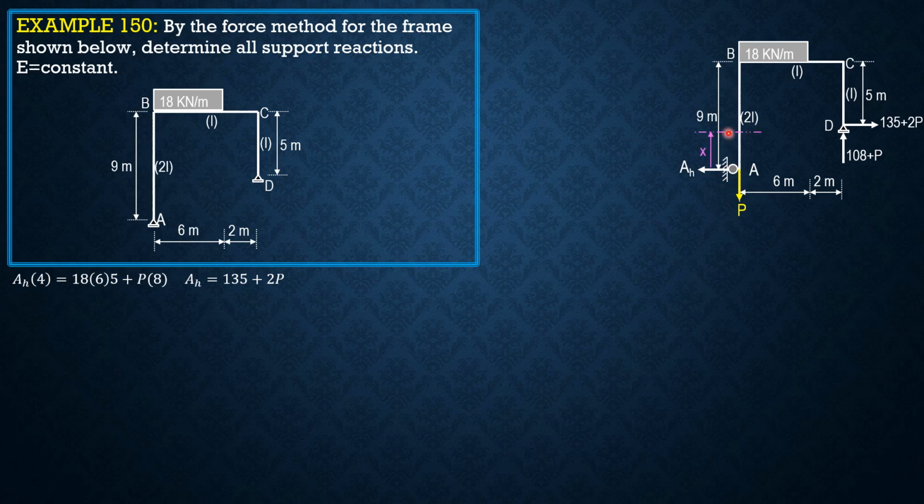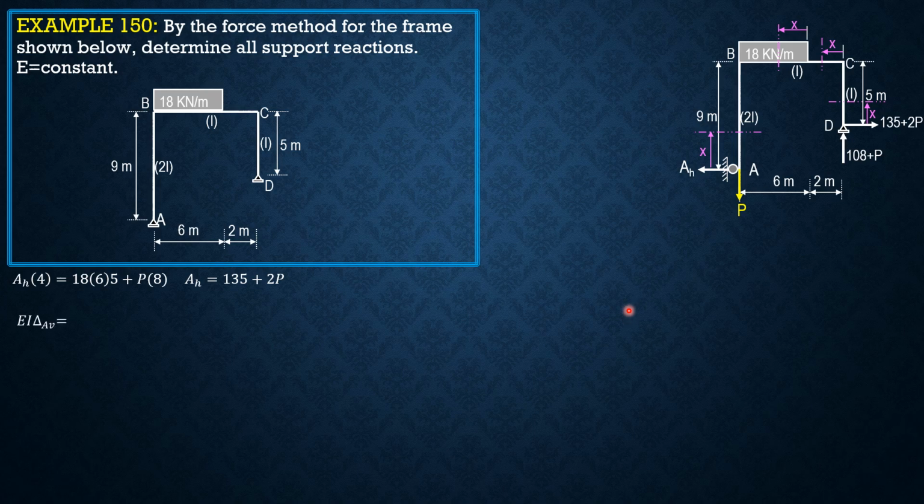So let's section the members. So we have section X, then from there we proceed to this section X, then another X, then another X. There are 4 segments. But in this section, since there is constant for EH, so there is moment here. Remember, the moment of inertia is 2I.